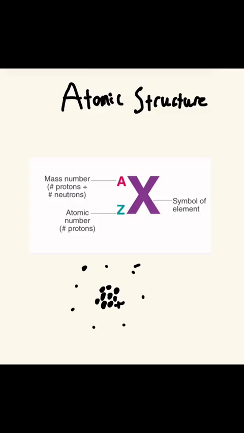Just like it says here, the mass number is equal to the mass of the protons plus the mass of the neutrons. So it's basically the weight, or mass, sorry, not weight, the mass of this part here equals the mass number.